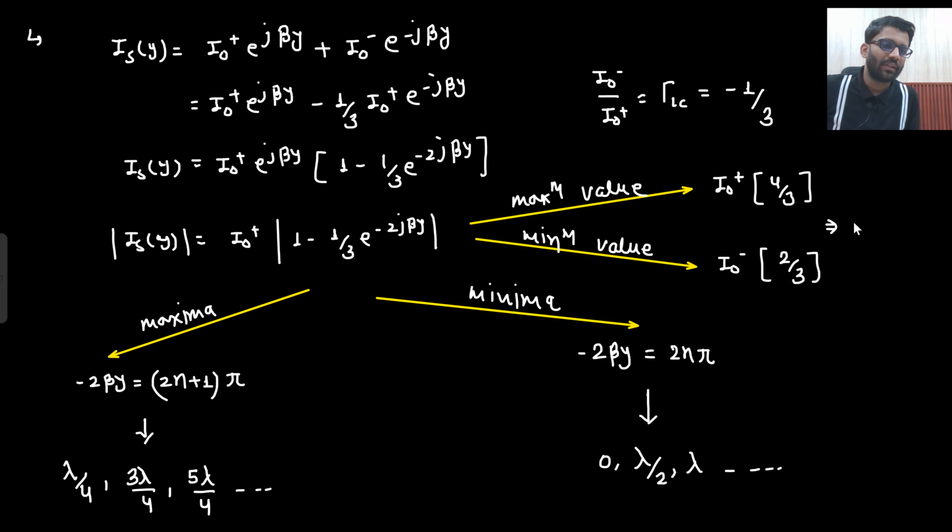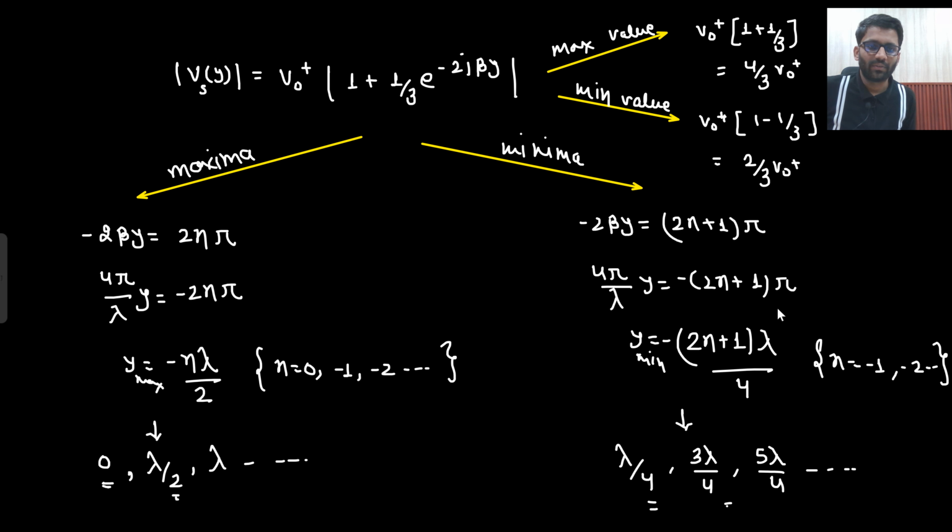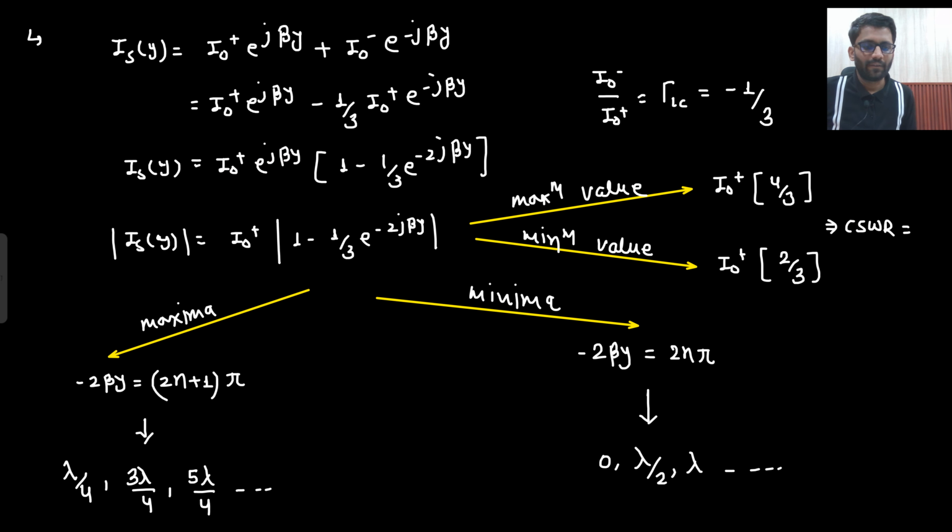This we can call the current standing wave ratio, maximum by minimum. So what would that be? 2. Sorry, here it is I naught plus only. So if I write here the voltage standing wave ratio, what is the value of that? Maximum voltage divided by minimum voltage. So what you are getting? 4 by 3 divided by 2 by 3, so that is 2. And here what will you get? 2 only.